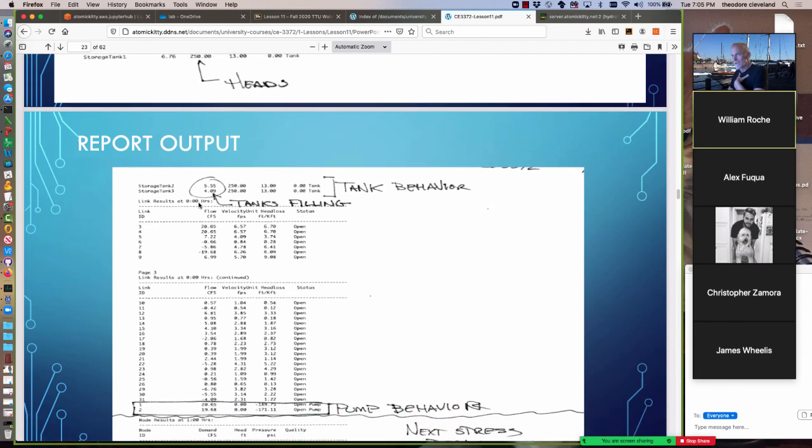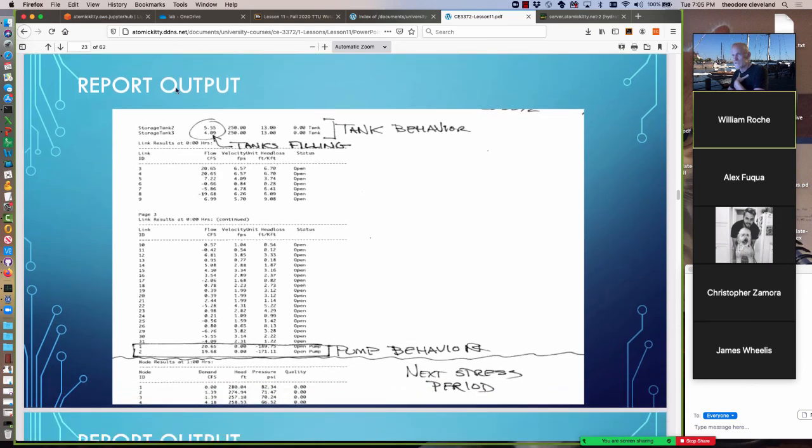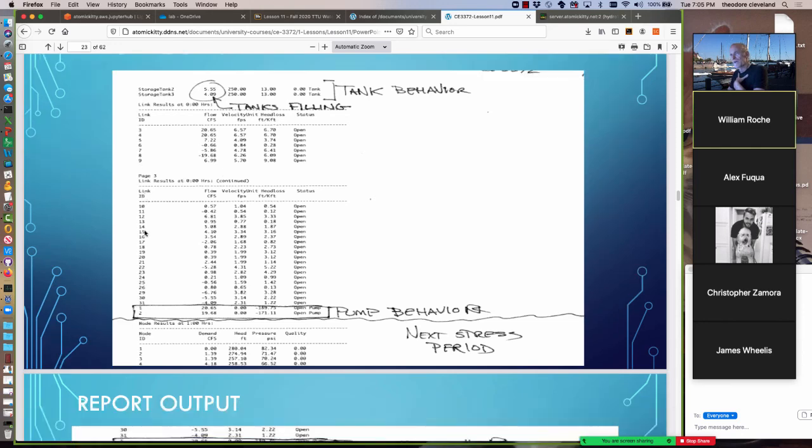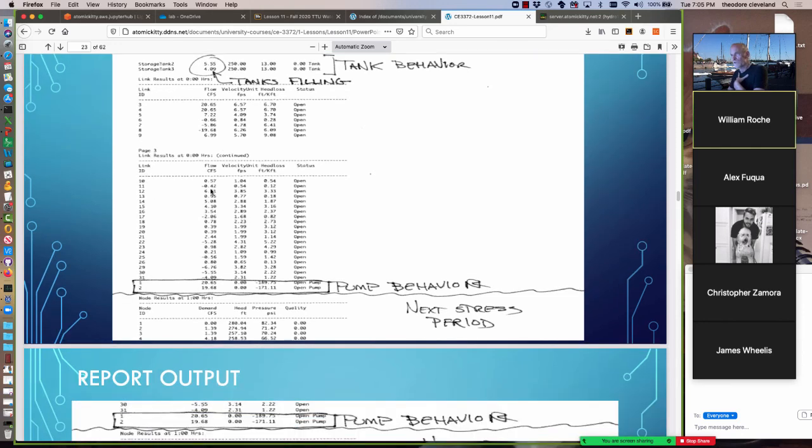Then it has the link results at that same time interval, and it does on multiple pages, and I've joined them together in this graphic. For each of the links, it shows the flow in cubic feet per second, the associated velocity in feet per second, and then the head loss per 1,000 feet in the element.